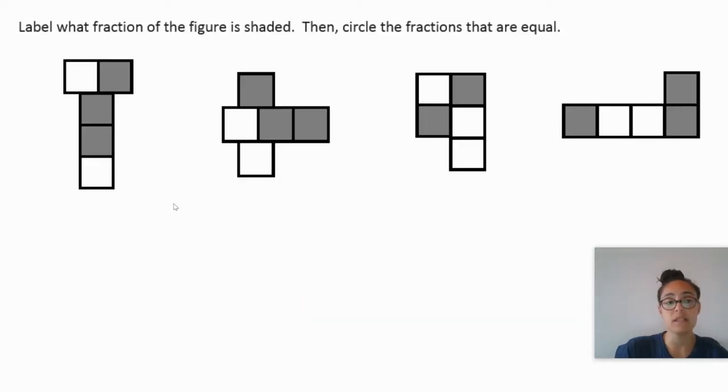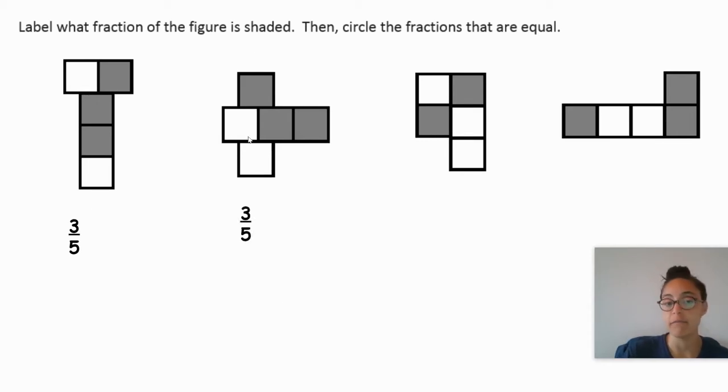So now let's label what fraction of the figure is shaded, and we're going to circle which ones are equal. So which ones have the same size, the same number that are shaded. Take a moment, look through, pause the video, and try to figure out which ones are equal and what the fraction is. For our first one, I know 1, 2, 3 out of 5, so 3/5 is my first fraction.